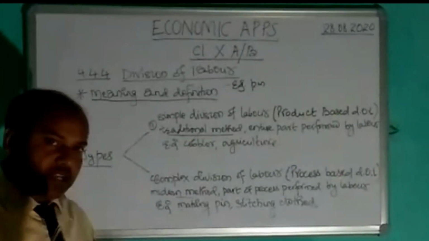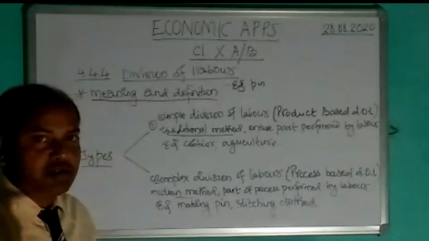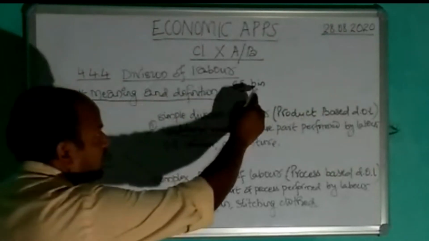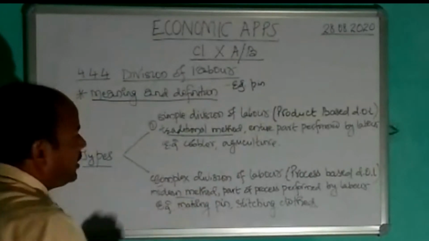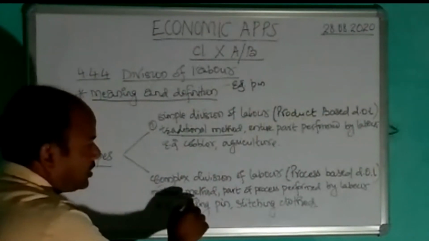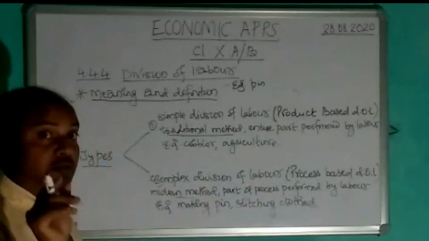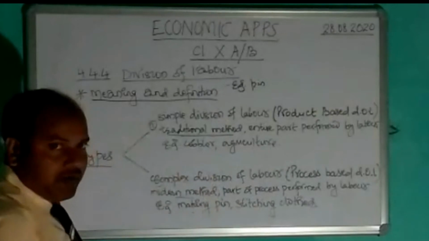Each laborer is specialized in a particular task and he performs only that particular task. Just a moment ago I gave you the example of making pins. That follows the complex division of labor. So, modern method, part of the process performed by specialized labor, only one part is performed.